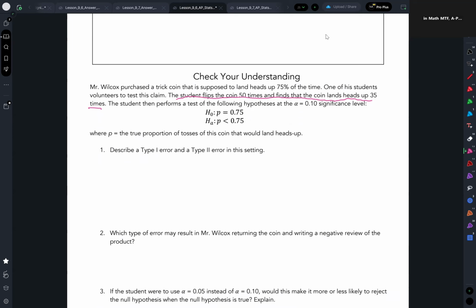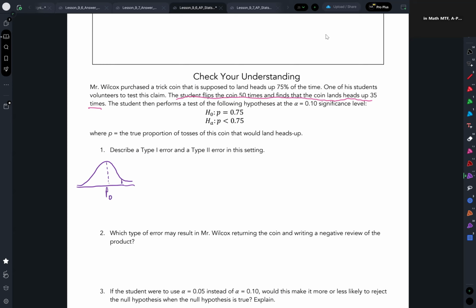So describe, now we're just focusing on errors, but I want to bring it back to that to make sure that that's clear. So we're trying to describe a type 1 and a type 2 error in this setting. As I've shown you in class, the thing that helps me understand a type 1 error, which then helps me understand the type 2 error, is this. I have some initial hypothesis, P naught.